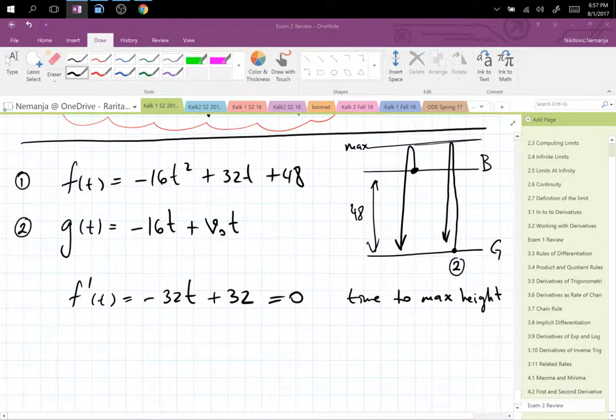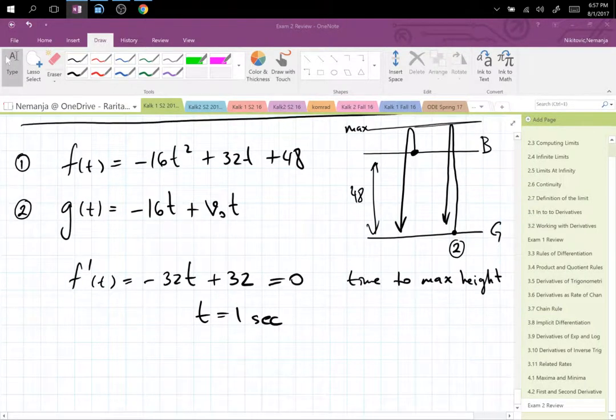It's a really cool problem. So t is 1 second. You move 32 to the other side, negative 32 divided by negative 32 is positive 1. So now we know that at 1 second we are reaching the maximum height with the first stone.